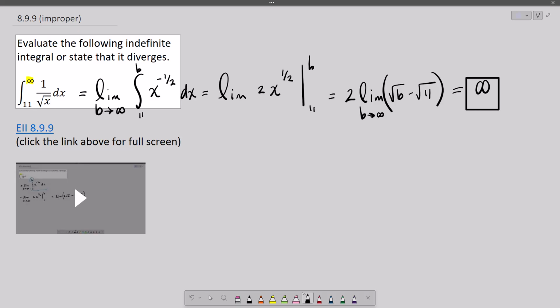So we saw that 1 over x had infinite area. And if the power on x is less than 1, that tail along the x-axis is even further away from the x-axis. So it's got to be infinite also. What we saw is for the horizontal tail to be finite, the power on x had to be bigger than 1. So less than 1, the horizontal tail is going to be infinite.